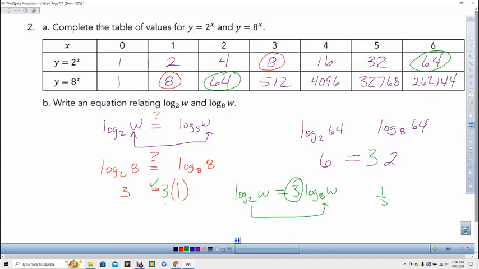So 1/3 log base 2 of W is equal to log base 8 of W. So once you get the expression, it's equal, you can do the same thing you do with algebra with all of them. Just don't get inside the log expression. Inside the log expression is not algebraic. Remember, that's a function all to itself. But outside the log function, you can do everything algebraic that you normally can do.